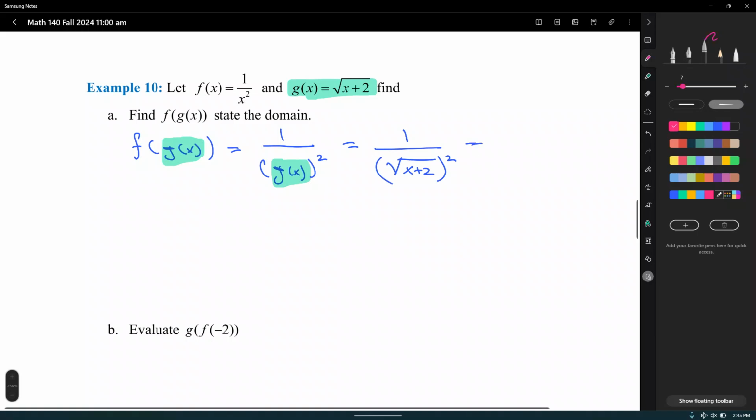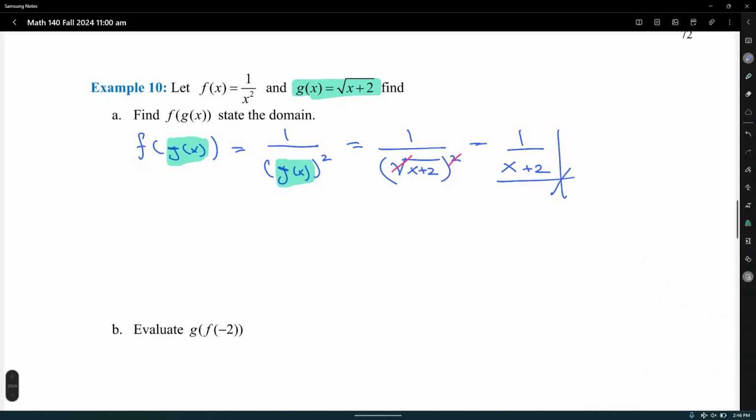And again, careful, the square cancels the radical. So number one, that'll be equal to 1 over x plus 2. All right, that'll be our composition of functions, f evaluated at g.